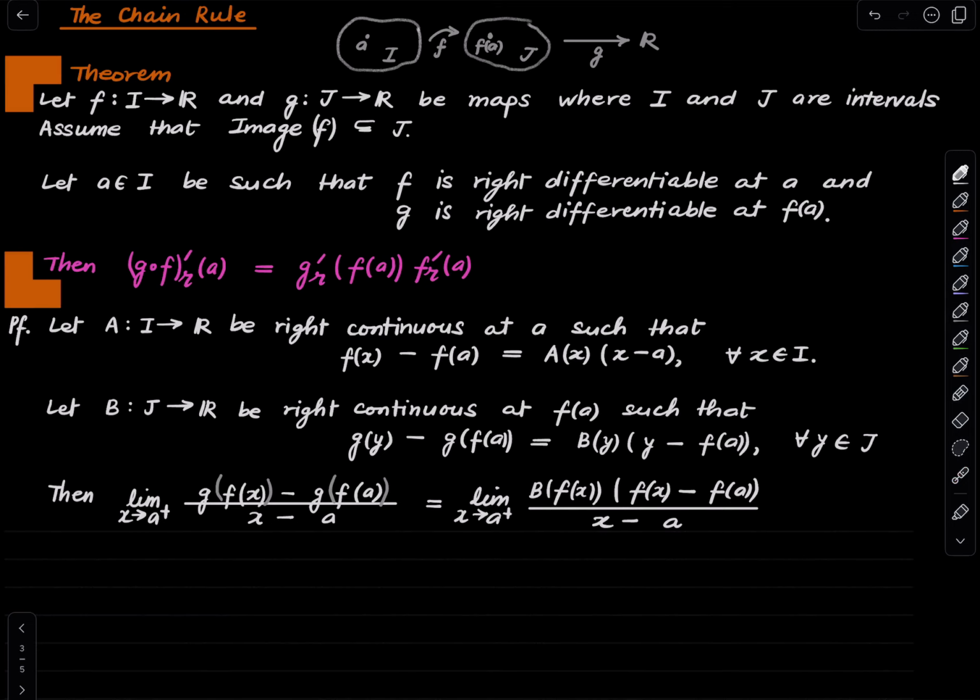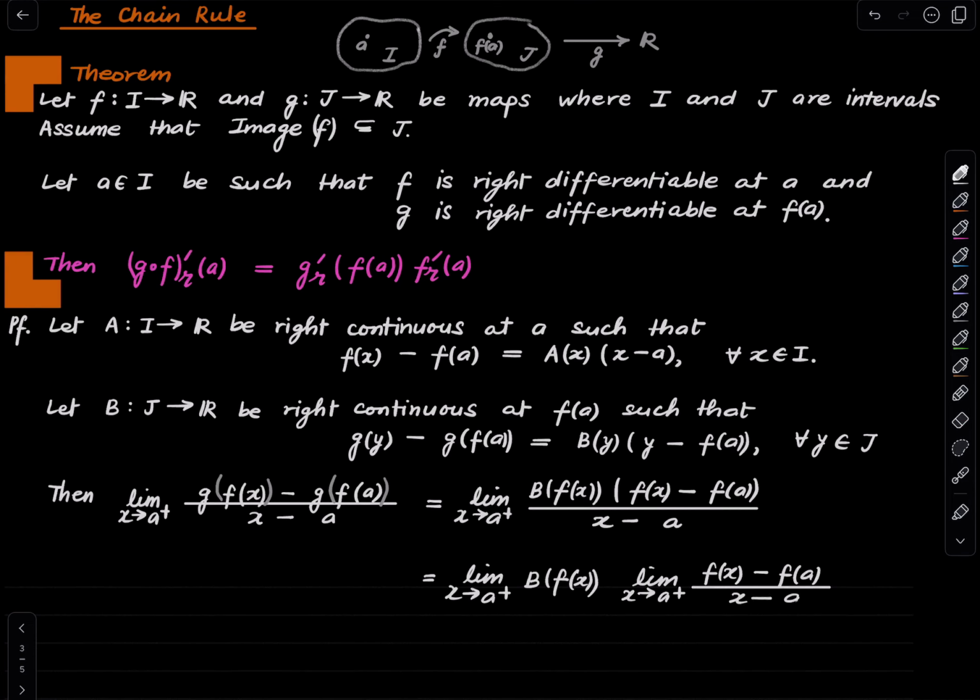So first things first, this limit is nothing but the product of the following limits. Right? And this is equal to b of f of a because of continuity or right continuity. And that other thing is the right derivative of f at a. This is equal to that and this is equal to that.